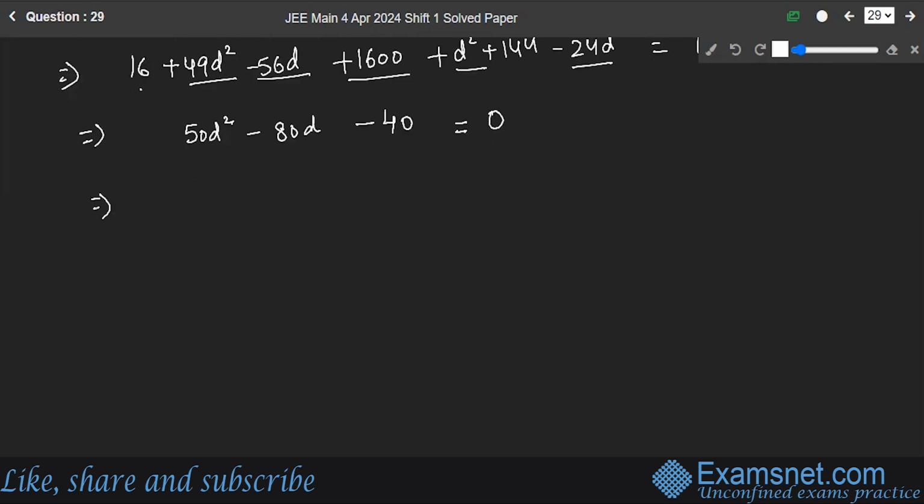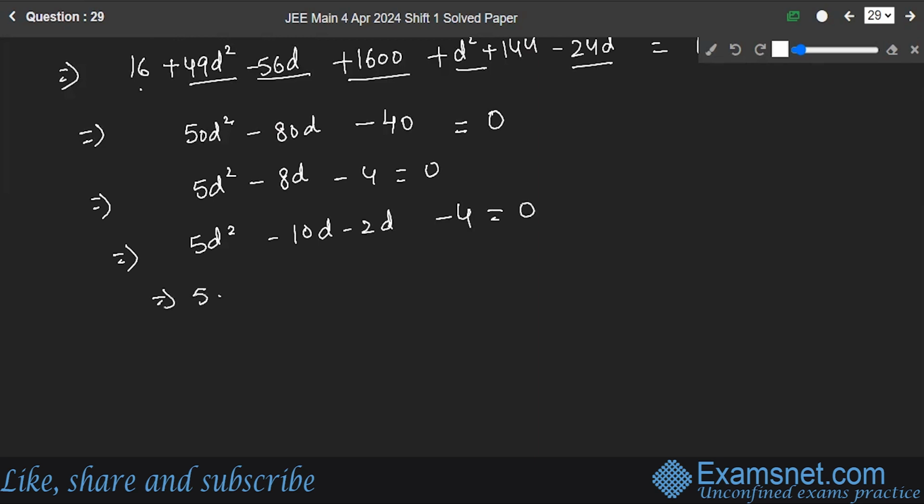Now again, dividing both sides by 10, you will have 5D squared minus 8D minus 4 is equal to 0. Let's do the splitting of the middle term. Minus 10D minus 2D minus 4 is equal to 0. 5D common, D minus 2, minus 2 common, D minus 2. So that means these are the two factors.